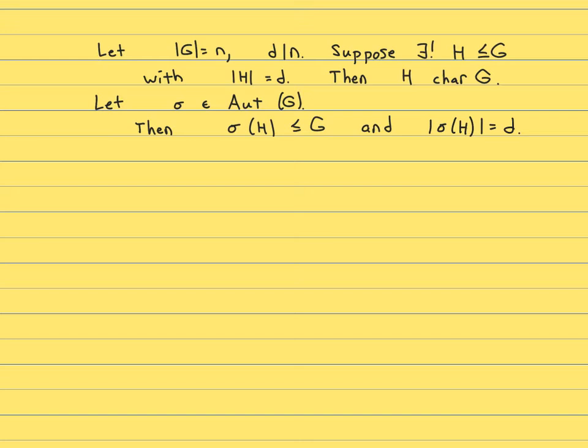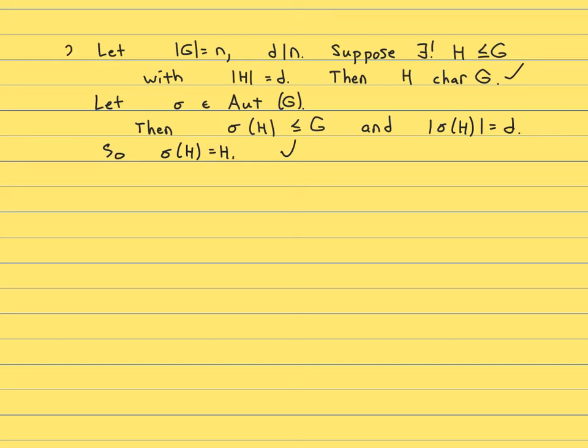So the image of H has to have the same size. But there's only one subgroup of that size, so sigma of H better be H. Sigma was an arbitrary automorphism, so this is true for every automorphism. Thus, H is characteristic in G.